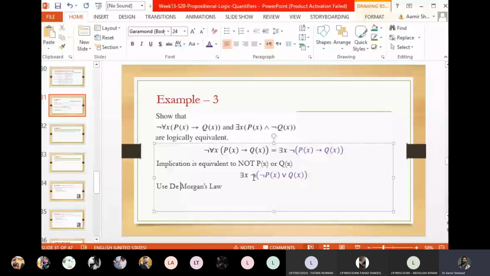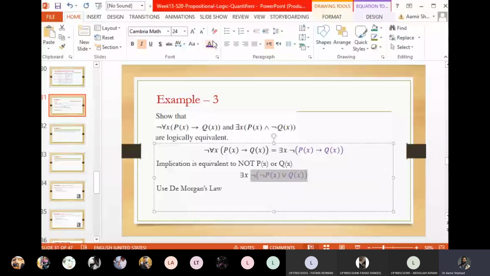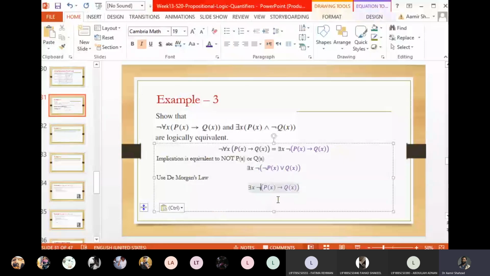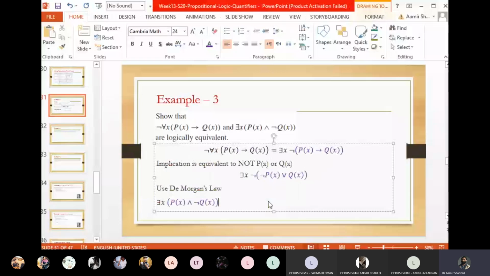So where we take the negation of this thing, when we apply De Morgan's law, we will get, let's do it, the negation of this thing is going to be: negation of not P is going to be P of X, and then we have the AND operator, and we have the negation of Q. So this is just like we did in the last class.